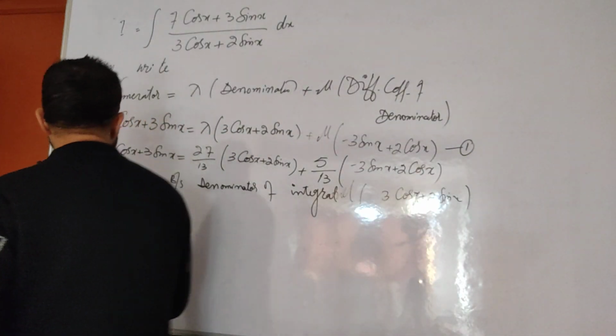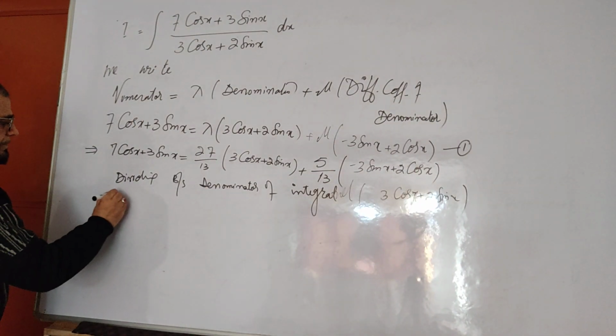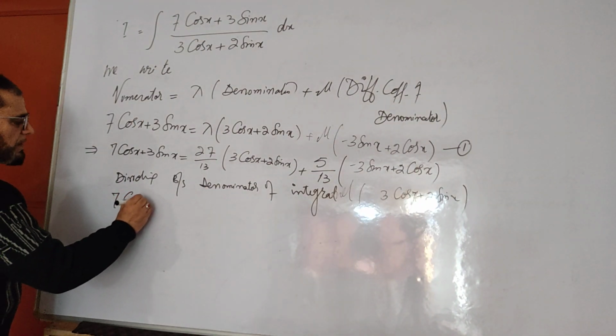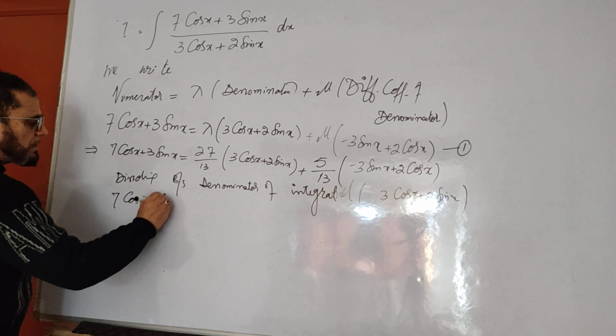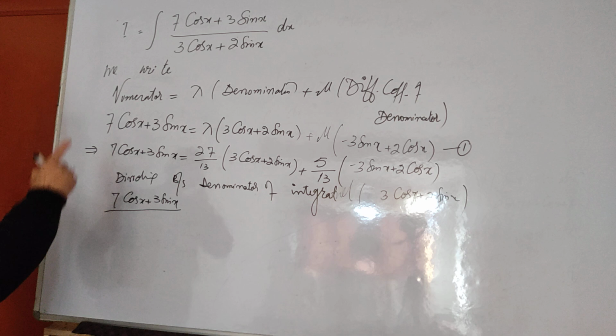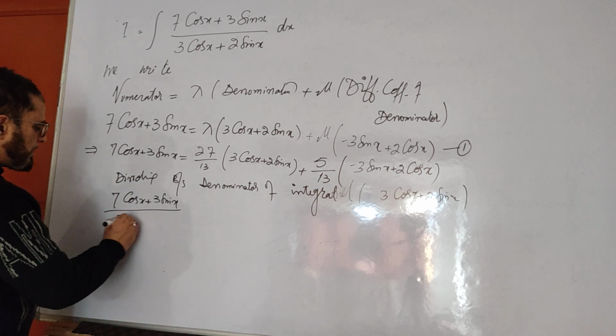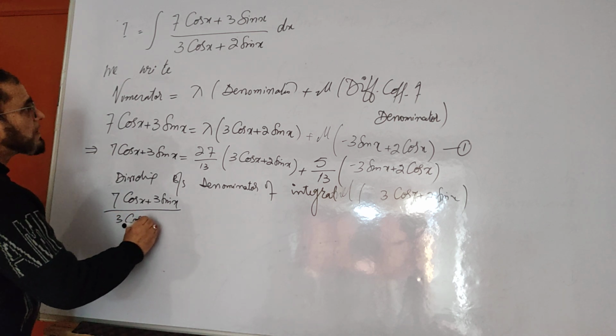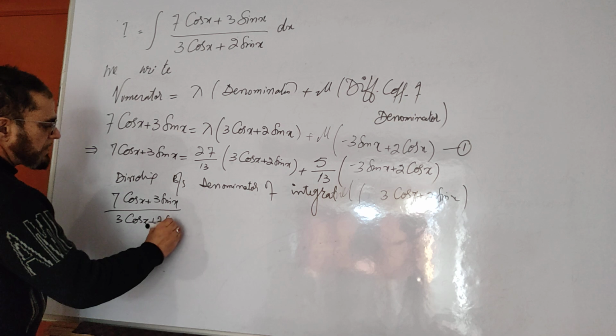What do you get? This is 7 cos x plus 3 sin x by 3 cos x plus 2 sin x.